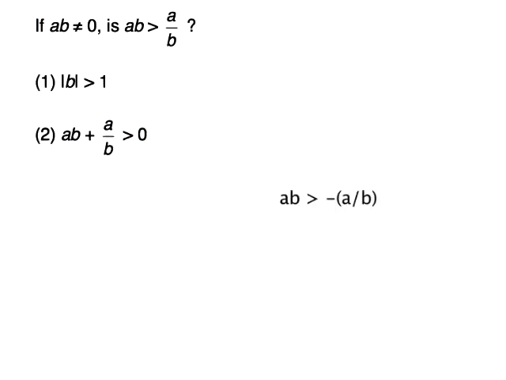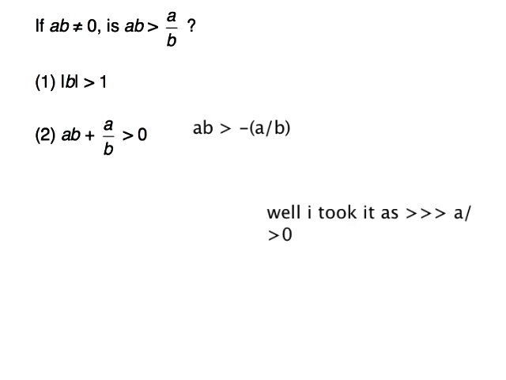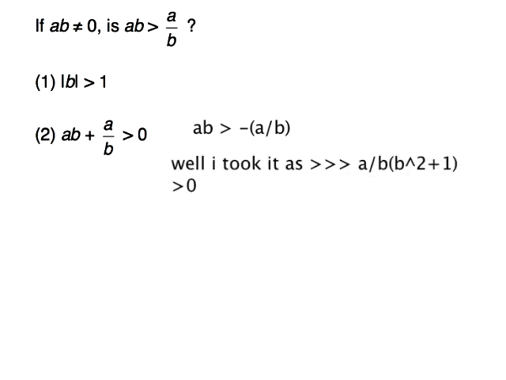Statement 2. Some people were doing fun things like these. Someone even wrote 3 of these little symbols, which I'm going to assume means I did a lot of steps. I'm going to assume that's what that's supposed to mean.